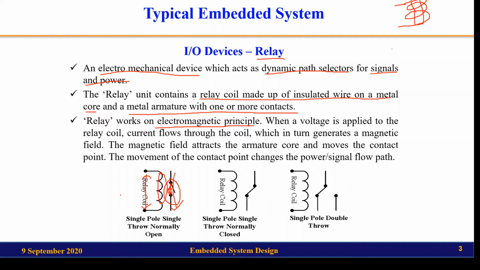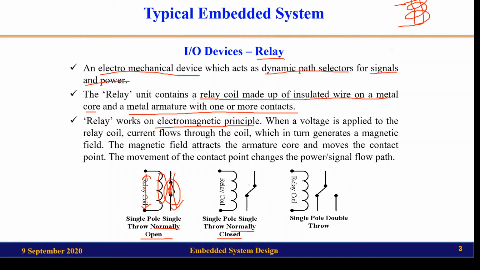And we have here three different configurations related to the single pole. We have single pole, single throw. The two configurations we can see here are both single pole, single throw, but here it is normally open, and here it is normally closed. In this case the initial position is the open position, but here the initial position is closed.